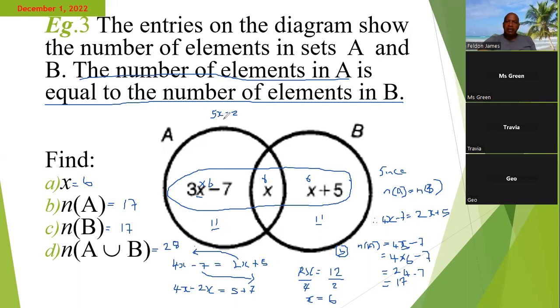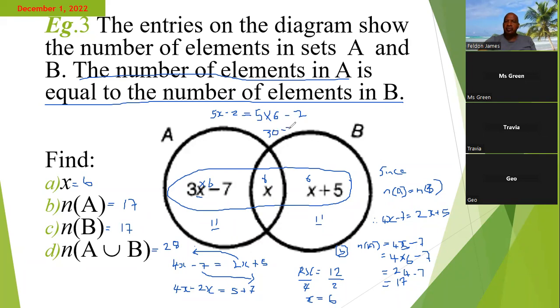All right, so here now you would have 5x. Remember that x is 6 from our calculation of x down here. So 5x would be what? 5 times 6. And then we subtract 2. 6 5's give you 30.